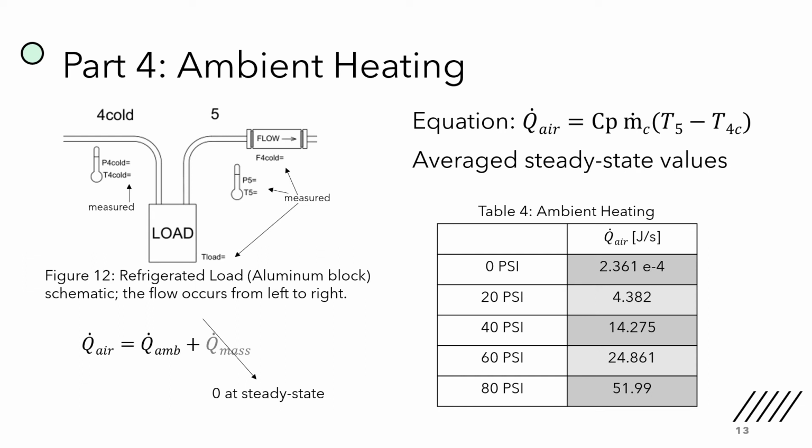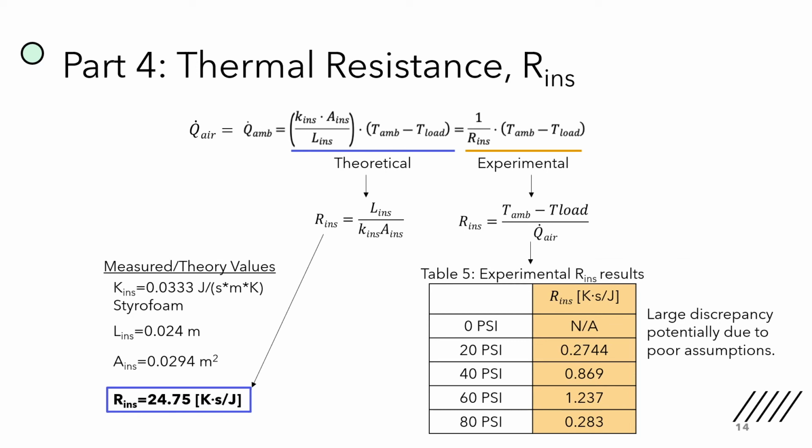This heat transfer is described by the equation on the right, where the heat transfer rate is equal to the specific heat of the air times the mass flow rate of the air times the temperature difference before and after. And those values are shown in the table for the range of pressure tests. So from these values, we can calculate the thermal resistance of the styrofoam block.